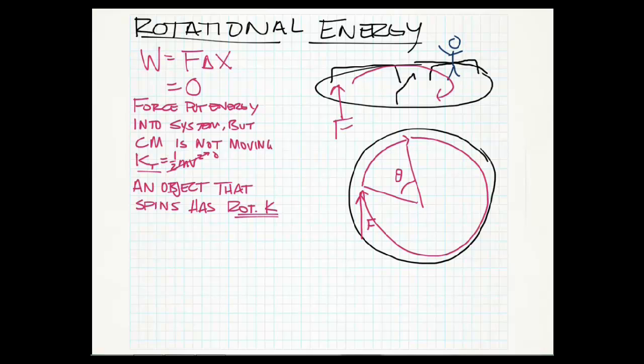It's not traditional work. It's a different kind of work. And we get a different kind of energy because of that. So rotational kinetic energy is 1/2 I omega squared.